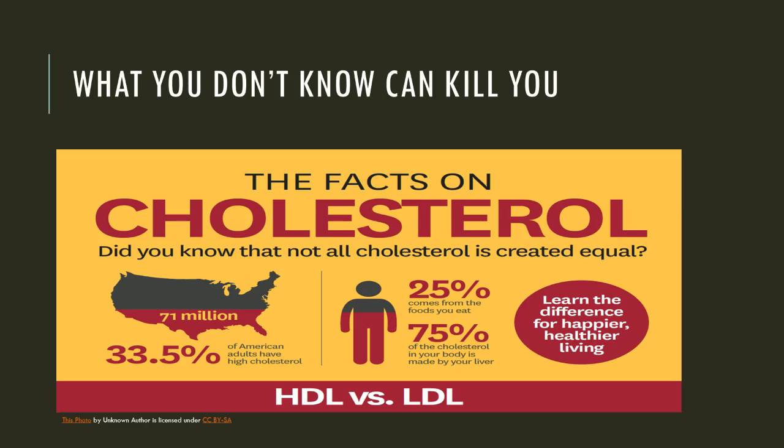But what I want to focus on more is the fact that 75% of the cholesterol in your body is made by your body. Your body makes cholesterol in response to the amount of saturated fat that you eat. So, the more saturated fat that you eat, the more cholesterol your body makes.